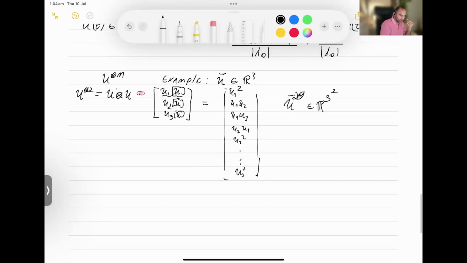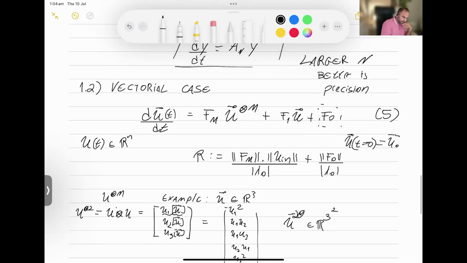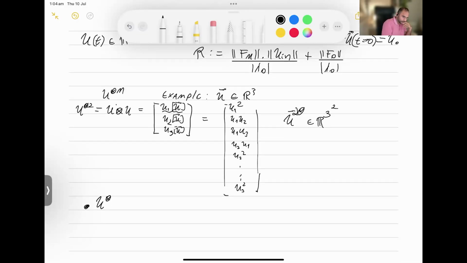In general, if you are dealing with a Kronecker product of order m, this is going to be an element of a new vector of dimension n, because n is the initial number of components of the vector itself, and then it is going to be the power of n.